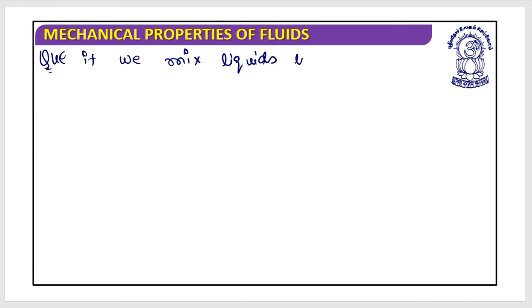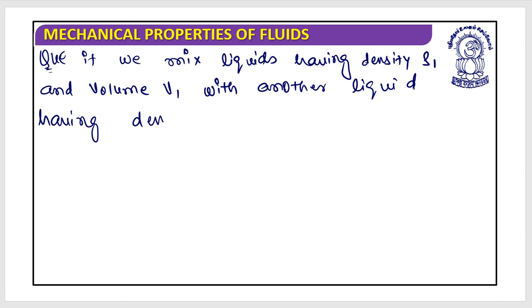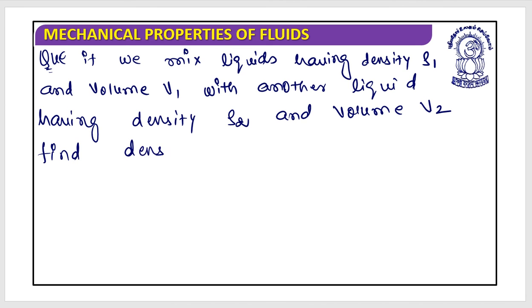A same kind of question is this: if we mix liquids having density rho 1 and volume v1 with another liquid having density rho 2 and volume v2, find the density of the mixture.